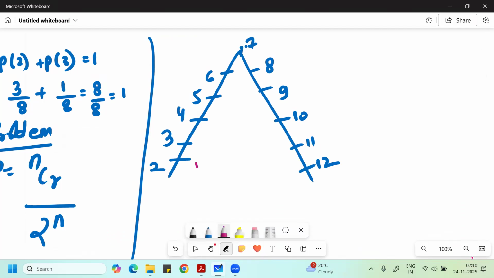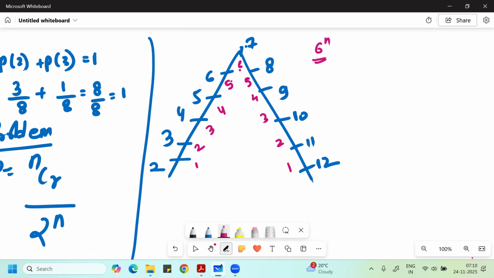For 2, the favorable cases are 1, 2, 3, 4, 5, then 6, then 5, 4, 3, 2, 1. So when two dice are rolled together, in total you will get 36 outcomes. So for dice, the total outcome is 6 to the power n. Okay, two dice is there.